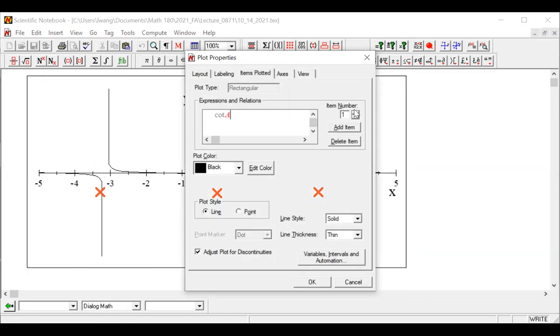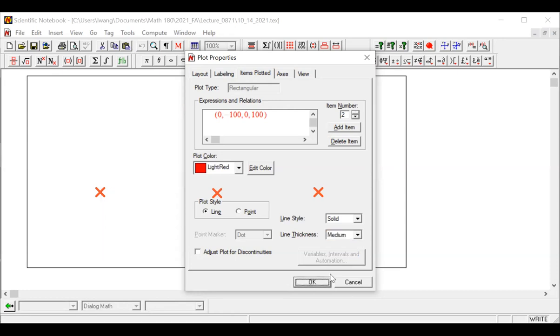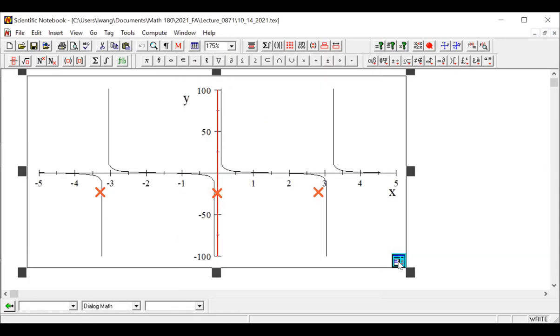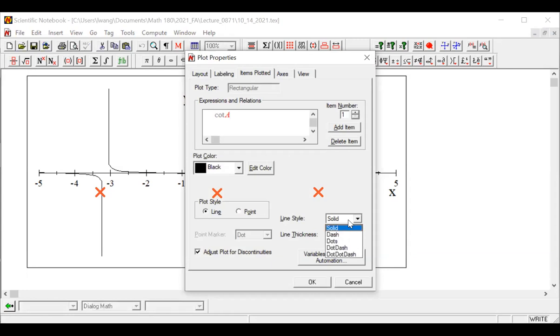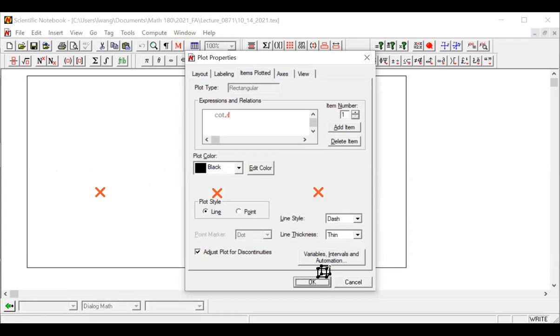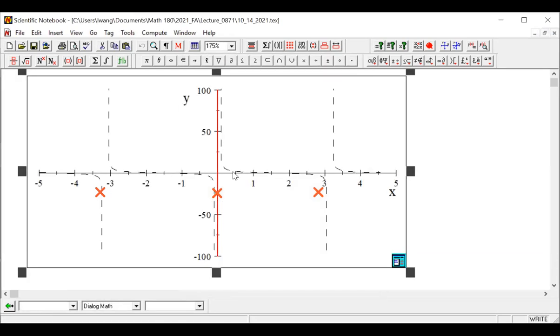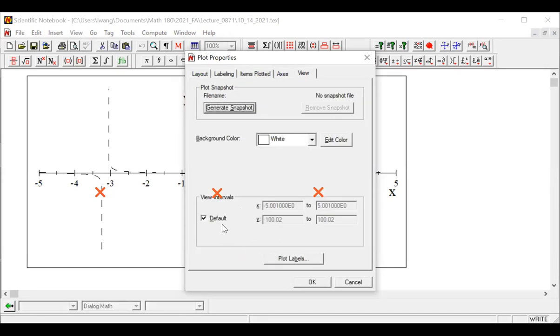Hold on, I need to change the color. And this one I'm going to make a little thicker. Wait, I need that to be broken. I need to adjust the view.